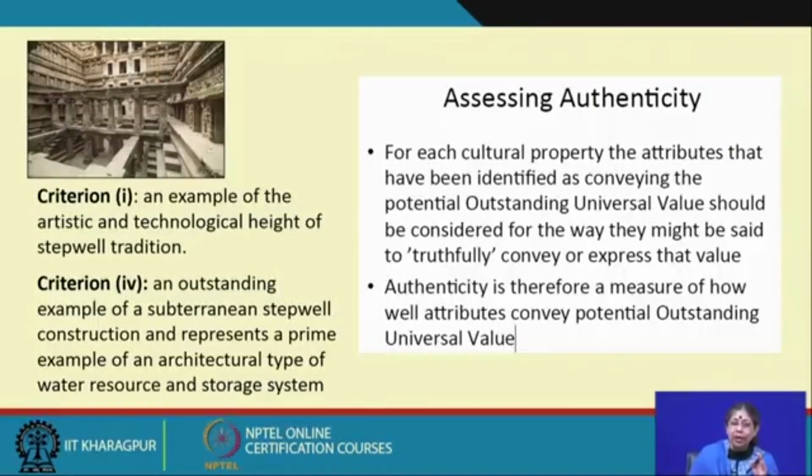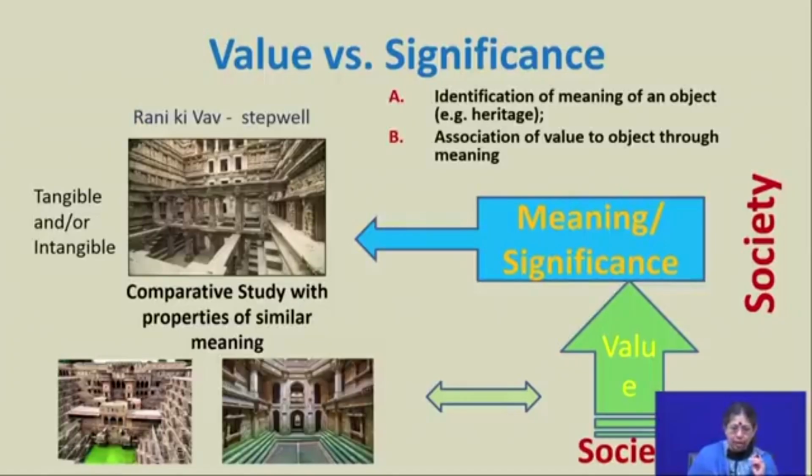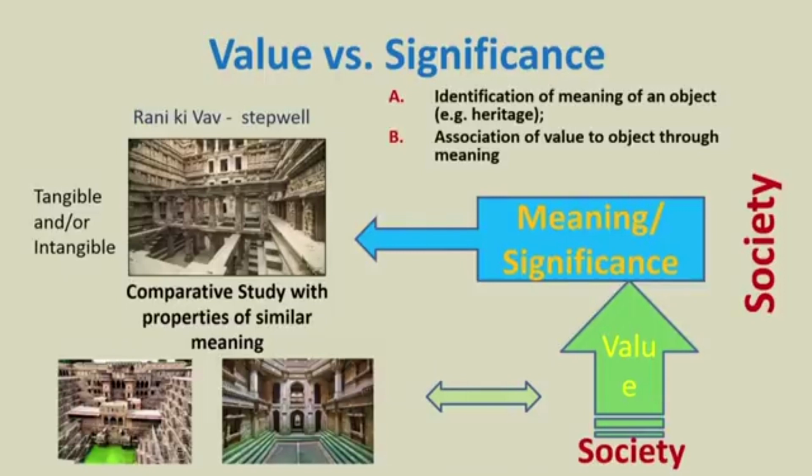Now, let us see how, while preparing the nomination brochure and justifying the case of Rani Ki Vav, this value, significance and authenticity, which is a very important part of making a case for a World Heritage Site, has been done. We must understand the concept of value versus significance, the identification of the meaning of an object, that is, what is the heritage, and the association of value to the object through a meaning.